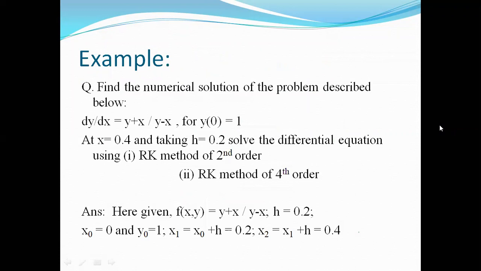We have to find y at x equal to 0.4, and the step size is given as h equal to 0.2. So we have to solve this numerical using RK method of second order and RK method of fourth order.